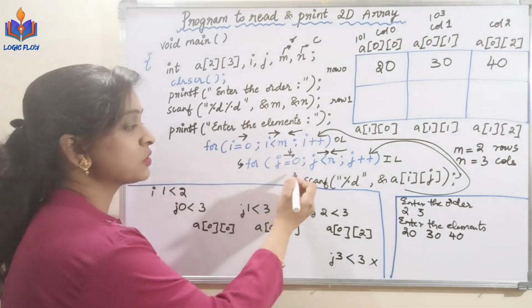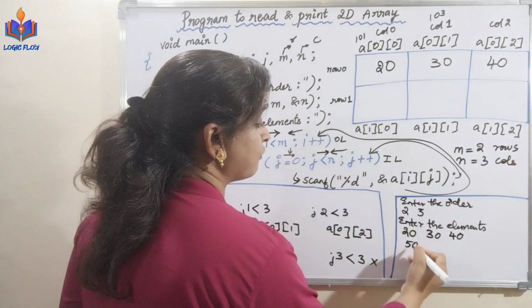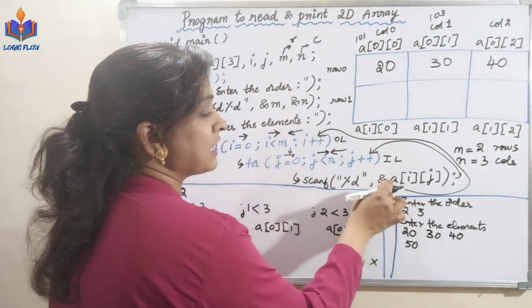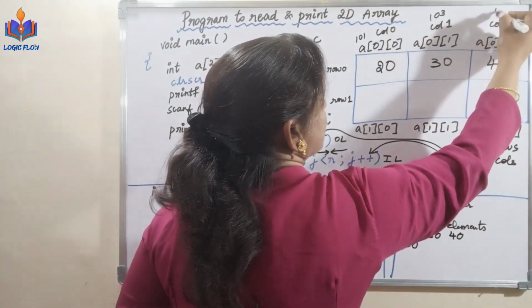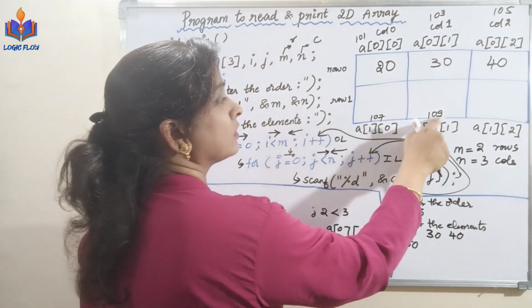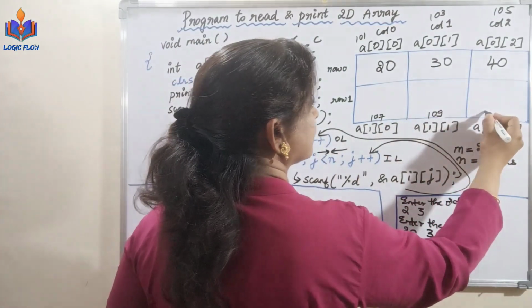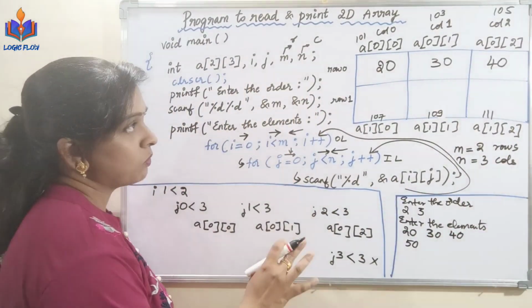Yes, condition true. Execute this statement. I am going to give the value say 50. Scan that integer and store it in the address, say 103 done, 103, 104, this is 105, 107, 109, 110, 111 and 112. Some addresses you will have.